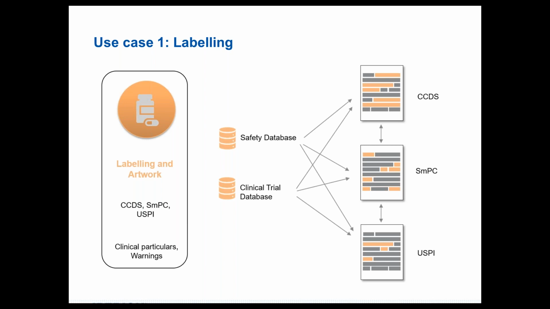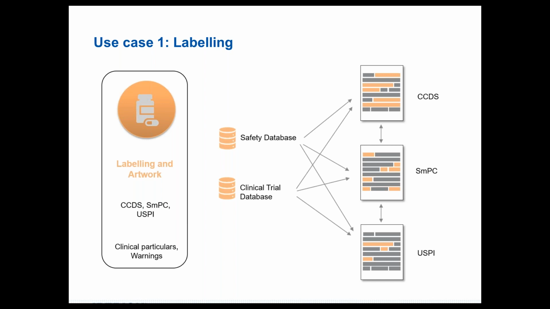It also therefore facilitates any comparison between different product information documents across countries and maybe even compared to CCDS. Due to already previously structured data used in these documents, it also supports compliance reporting, for example, IDMP and clinical particulars, but I will explain that on the next slide.